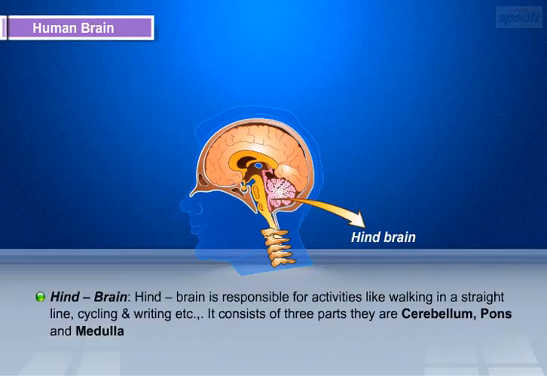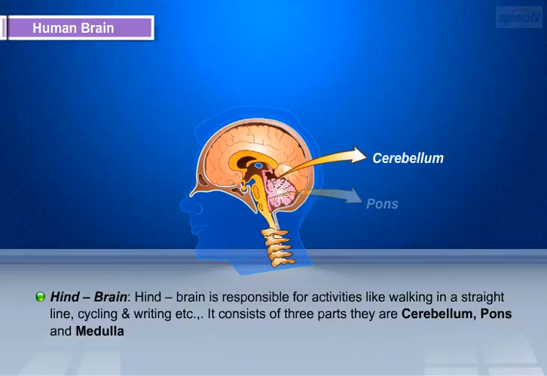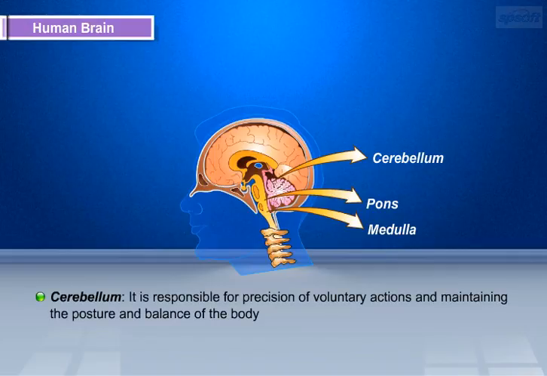Hindbrain. Hindbrain is responsible for activities like walking in a straight line, cycling, and writing, etc. It consists of three parts. Cerebellum. It is responsible for precision of voluntary actions and maintaining the posture and balance of the body. It enables us to make precise and accurate movements.